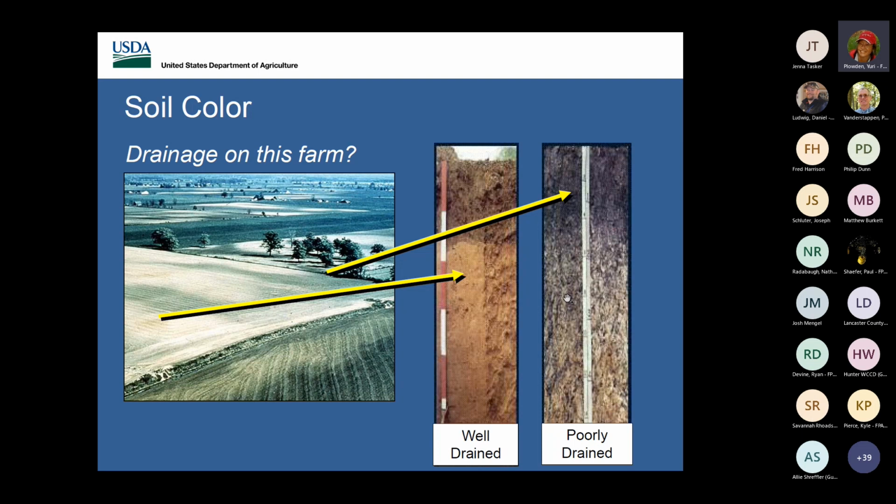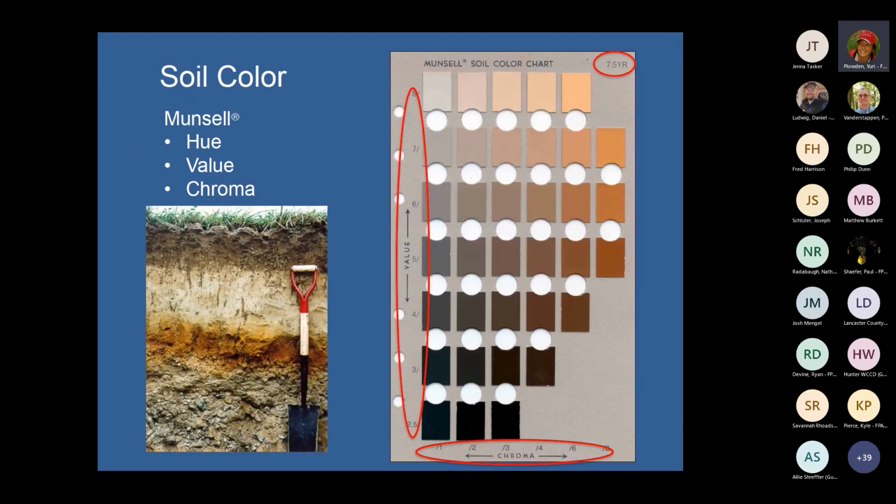So that's the difference between a well-drained soil and a poorly drained soil. And soil color tells you that. So I won't go into this. This is just one cell of the chart we use. This way I can describe a soil in Pennsylvania and say this clump of soil is 7.5 YR 5/6, and somebody in California knows exactly what I mean. And we'll go over that in the field, so I won't take a lot of time right now.